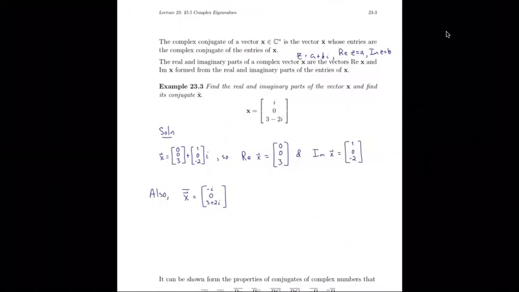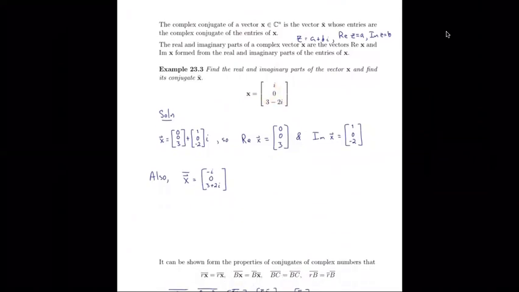So they ask us to find the real and imaginary parts of this vector x. It's a 3-vector. And they want us to find the complex conjugate of x, which is x bar. So let's decompose the vector first. We can rewrite this vector x as, and this is maybe not a necessary step, but it's a good extra step just to understand all of what's going on here. We can rewrite this vector with the real parts in one vector.